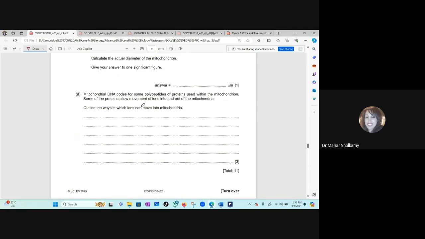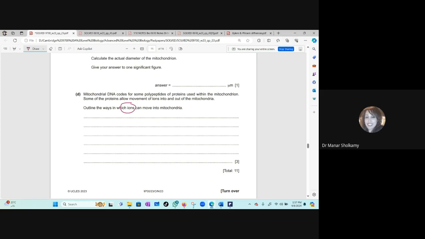Outline the ways in which ions can move into mitochondria. How can ions move across? Facilitated diffusion. It will move by what? Facilitated diffusion. Okay, but again, what is the structure that will help ions move across the membrane? Active transport. Okay, your answer is just not very organized.